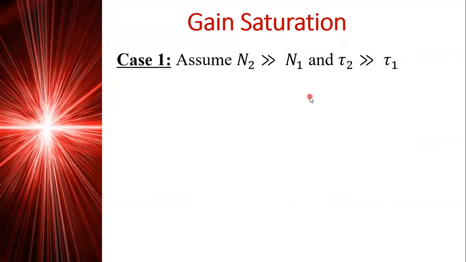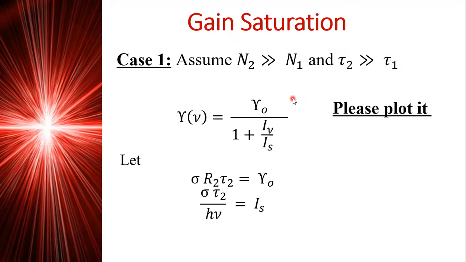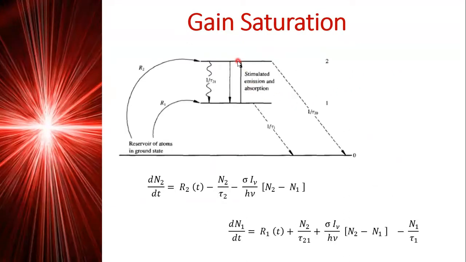The second assumption is to say that τ2 is greater than τ1. What is τ2 and what is τ1? τ2 represents the lifetime of the electron in the energy level E2, and τ1 represents the lifetime of the electron in the energy level E1.